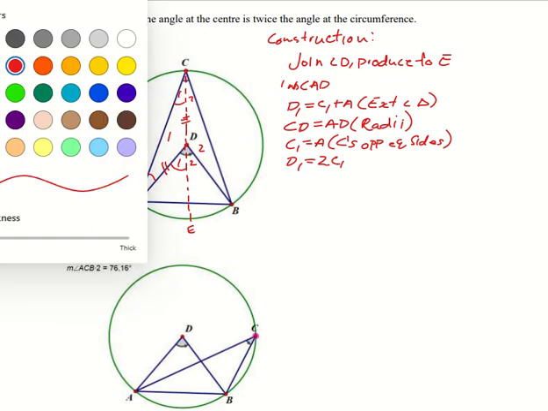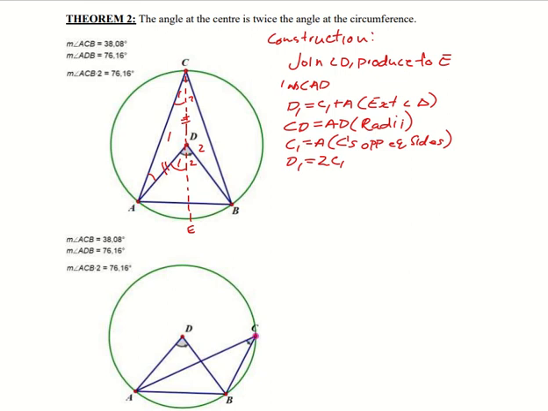Let me use a different color, blue now. In the triangle CBD, D2, the exterior angle, is equal to C2 plus B, because the exterior angle of a triangle is equal to the sum of the interior opposite angles.